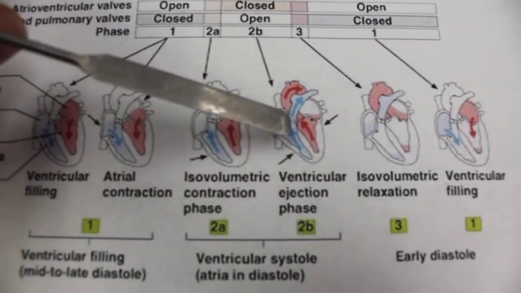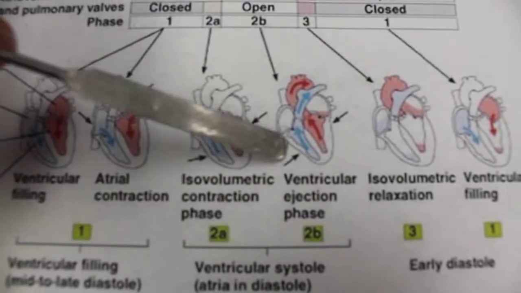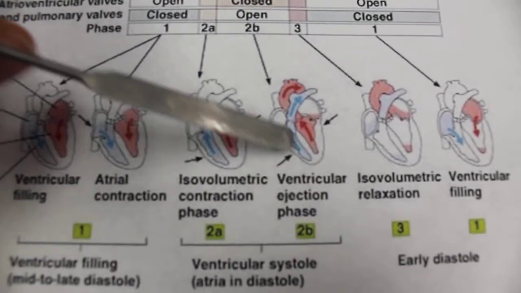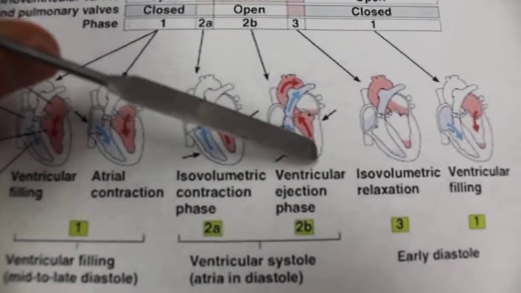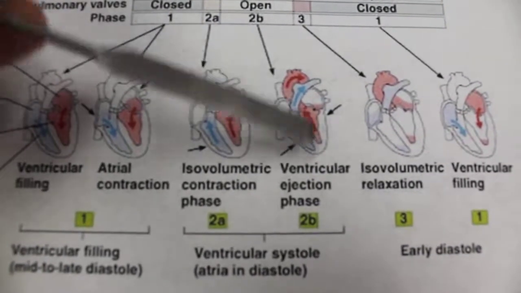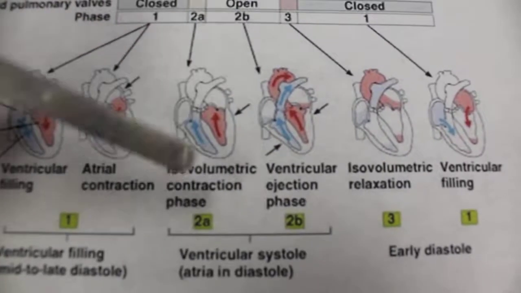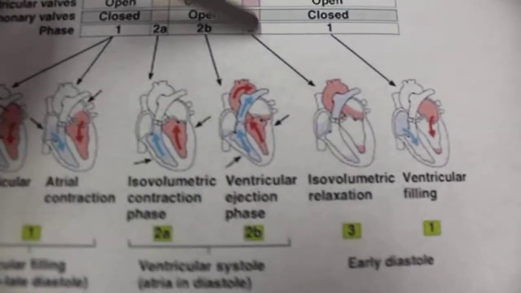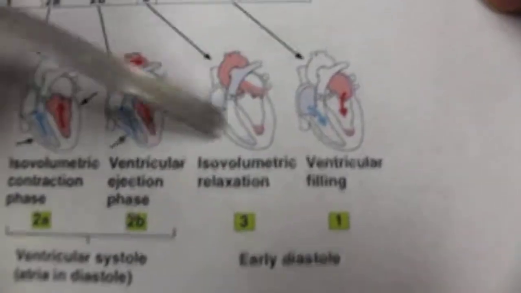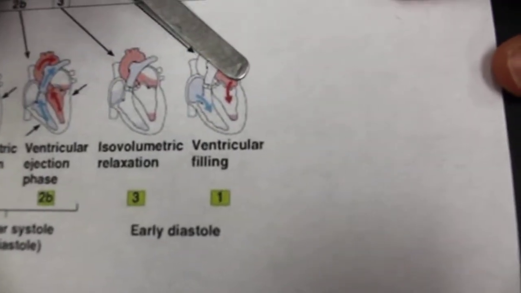The aortic and the pulmonic valves are open, and the blood is being ejected from the right and left ventricles into their corresponding great vessels, the arteries. Now we have phase 3, which is isovolumetric relaxation. And then back to phase 1, where we have ventricular filling once again.